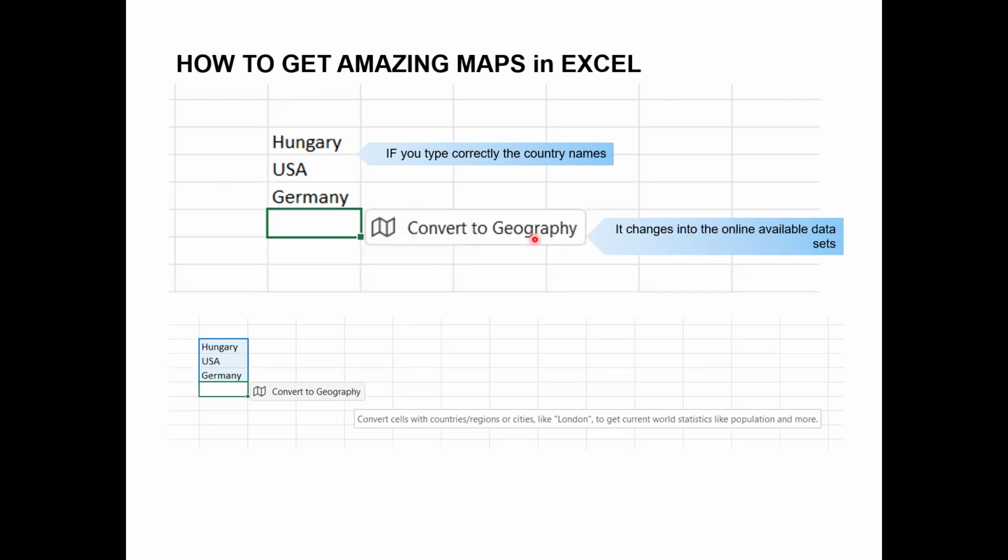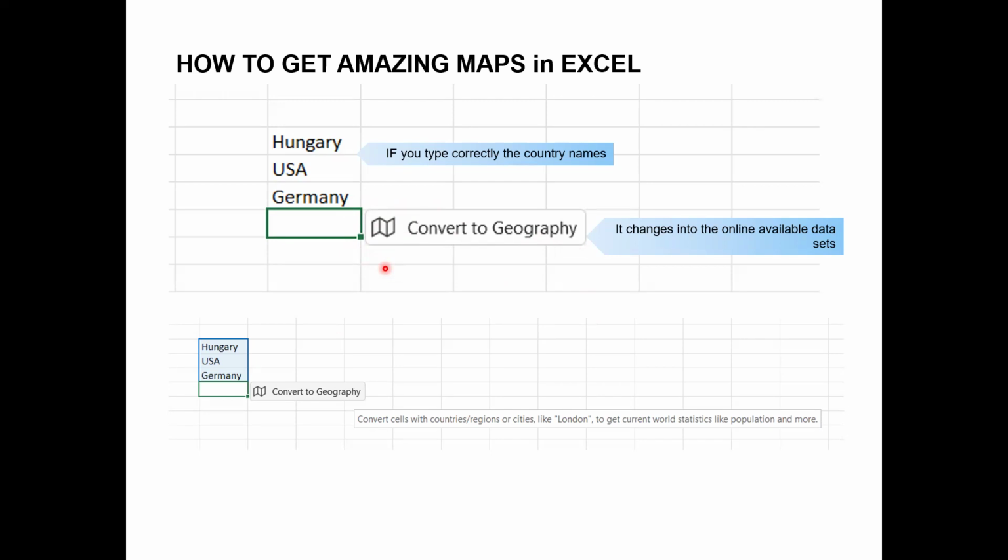What does it mean? The geography data type uses databases which are typical for the current country. So if this sign appears in Excel, it means that you are now reaching the demographic and geographic data of that particular country.